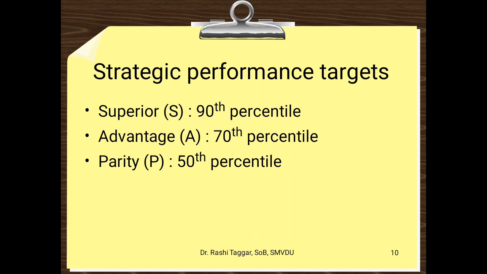Superior represents 90th percentile of the companies in the SCOR database. Advantage represents 70th percentile of these companies, and parity represents 50th percentile of these companies.